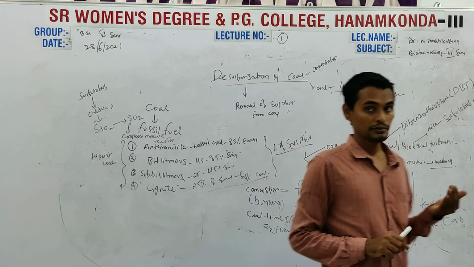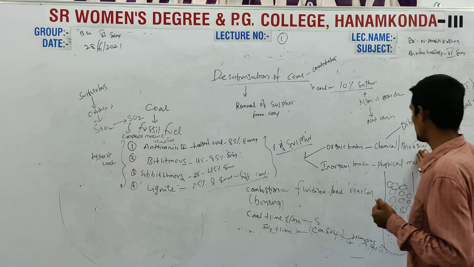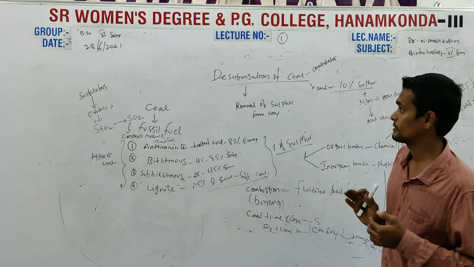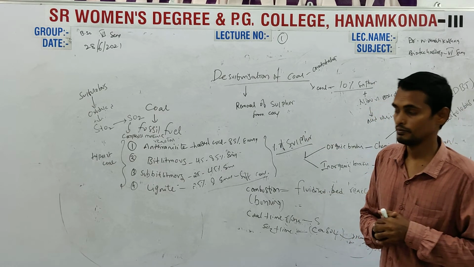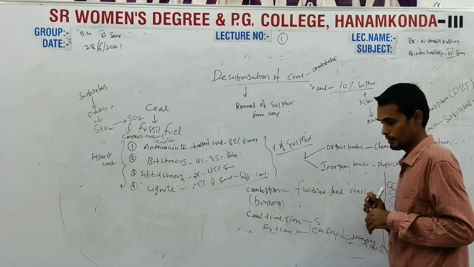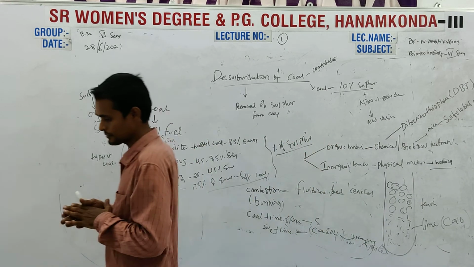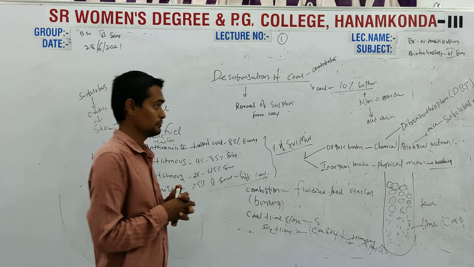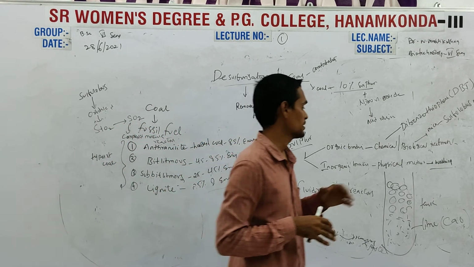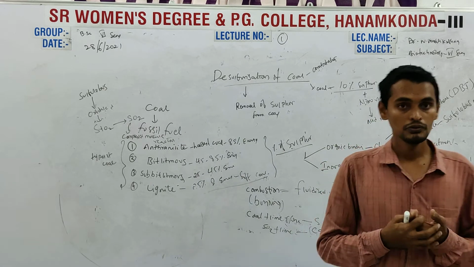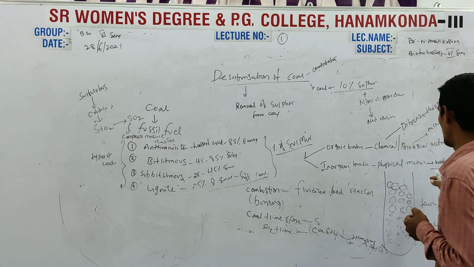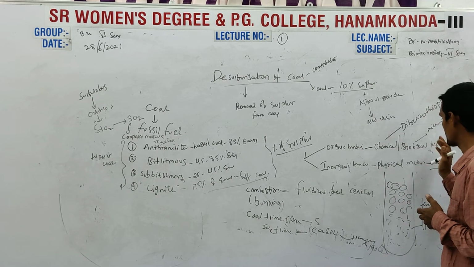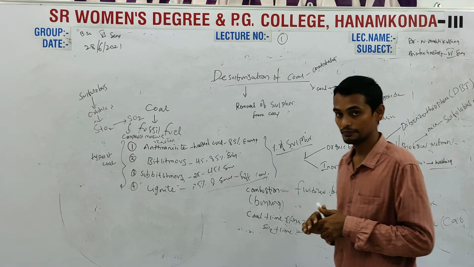So we can use a chemical method or biological method to oxidize the sulfur which is present in the coal, which comes under organic binding. The organic binding is called strong binding, which cannot be removed easily by a physical method. So we use specialized chemicals or biological material for the removal of sulfur.